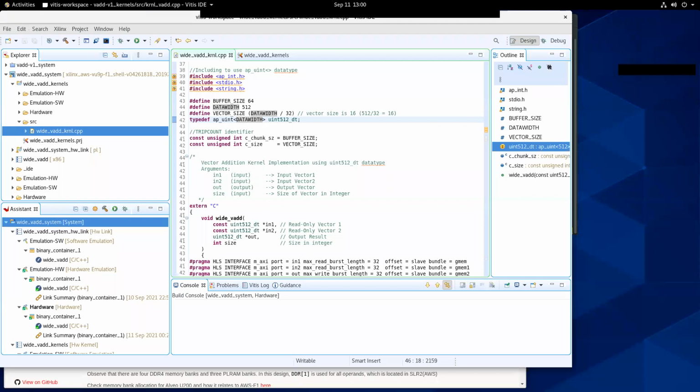That is the data type that we are declaring on line number 42. So if the data width is 512 bits, we are working on a vector of size 16 elements, where the size of each element is 32 bits.